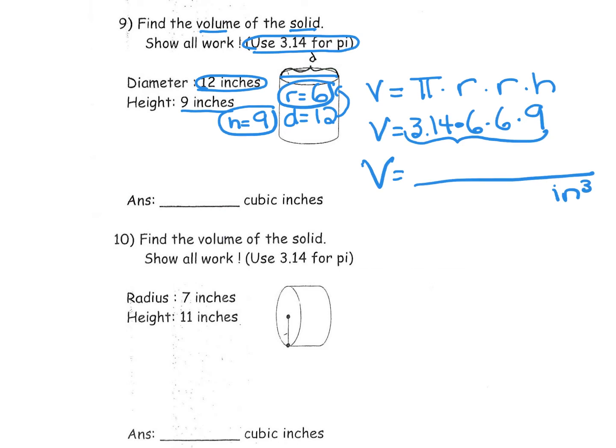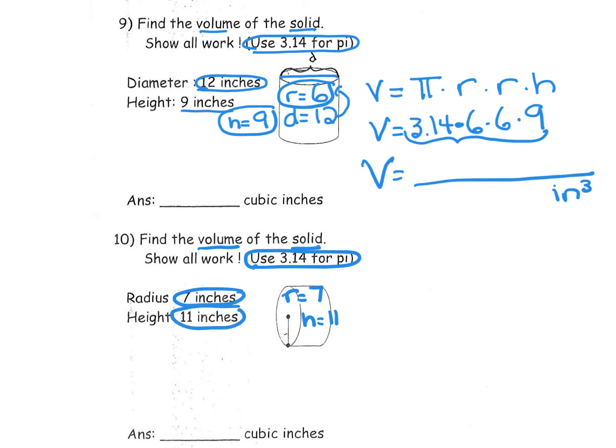But before you pause your video, let's take a look at the next cylinder, which happens to be tipped on its side in problem number 10. It states, find the volume of the solid, use 3.14 for pi. In this case, we're given a radius of 7 and a height of 11.